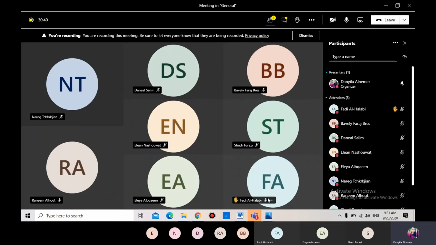So is there any bus in this idea, or is it just a nickname for this procedure? What do you think? Is there a bus in this idea, or is it just a random name, a nickname for this procedure? Yes, Elia. It's a random name for this.